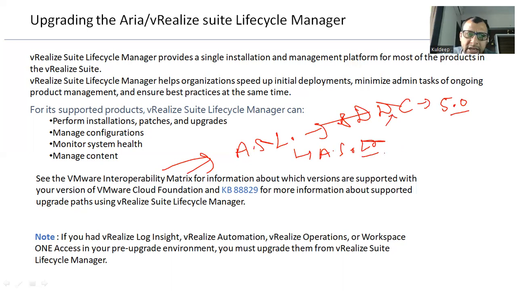then further you can go ahead and start with the rest of the components like Log Insight, ARIA Automation, ARIA Operations, and all the others. But the important thing here is, once I have upgraded the ARIA Suite Lifecycle Manager, just after it, best practice says upgrade Workspace ONE Access, because Workspace ONE Access is primarily used for accessing all the rest of the components like Log Insight, ARIA Automation or ARIA Operations.